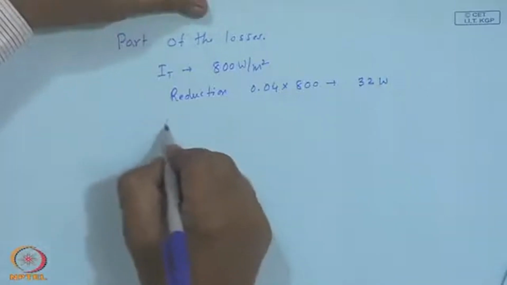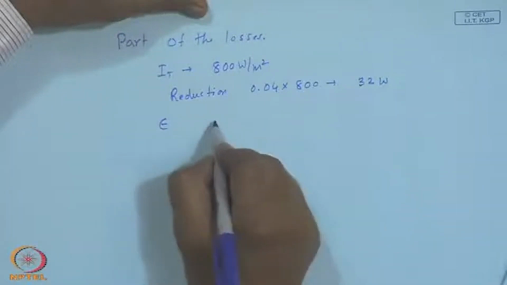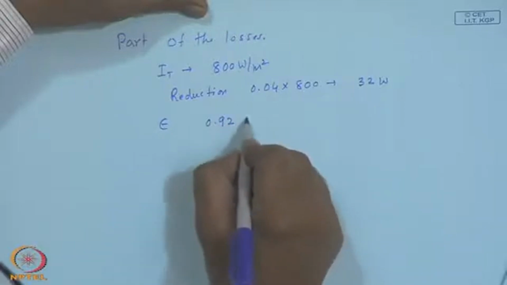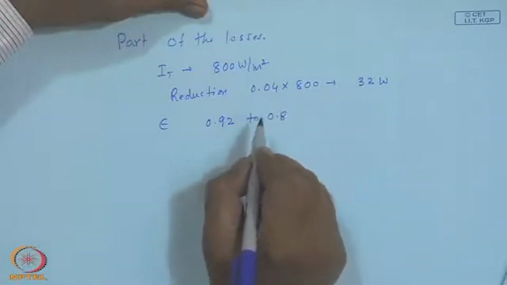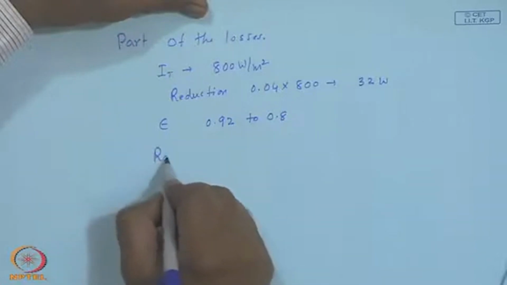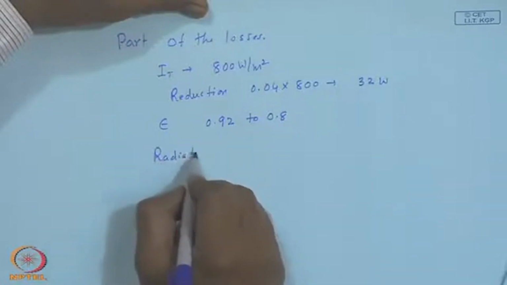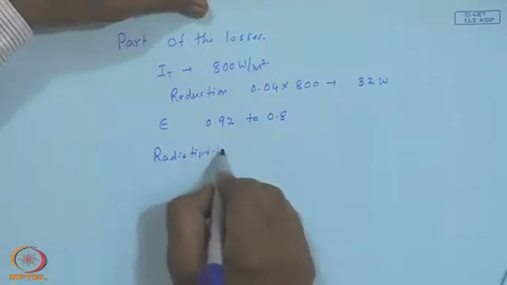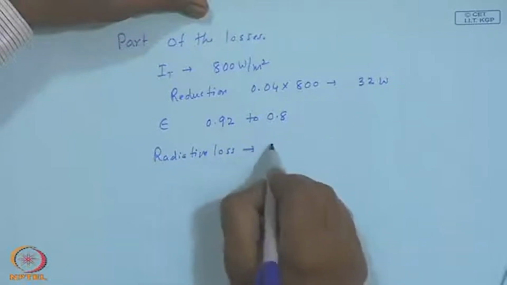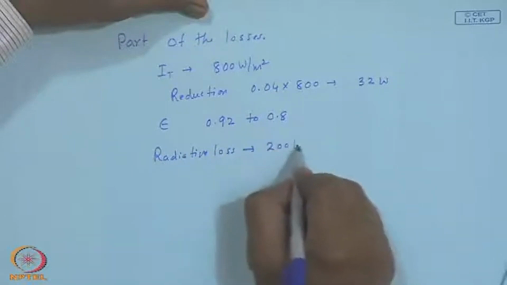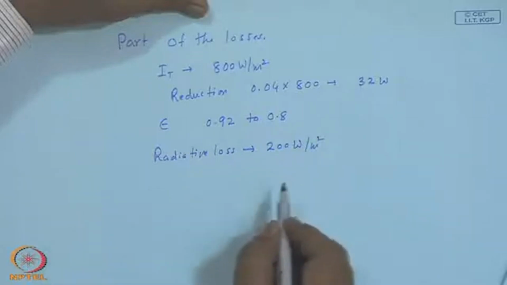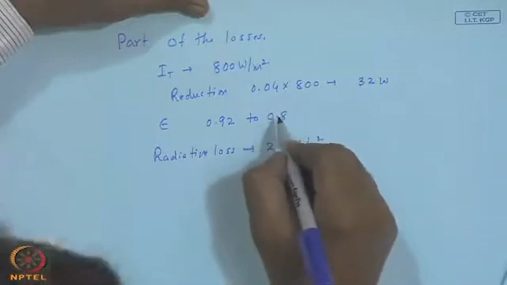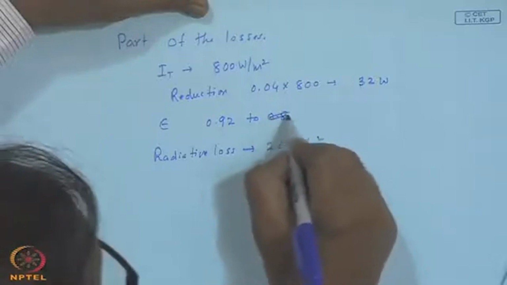Whereas epsilon has come down from 0.9 to 0.2. Originally, the radiative loss is, let us say, 200 watts per meter square. Then this is 0.9, 0.2.